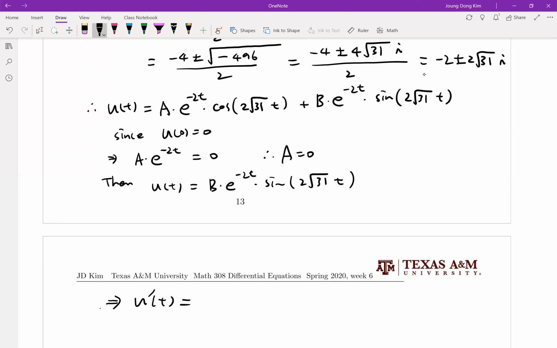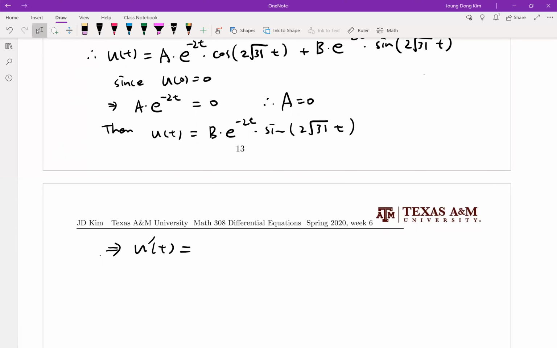And then we need u prime to use the second initial condition, right? So what is that? It is definitely the product rule, right? e to the minus 2t and the sine function, okay?